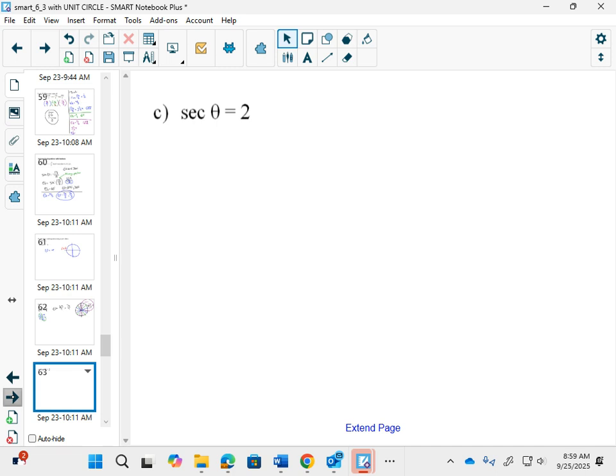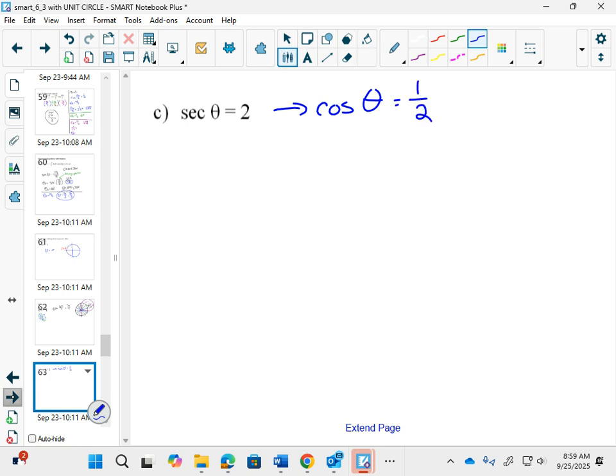Secant theta equals 2. Non-calculator question. Any of the reciprocal ones, change it to its reciprocal. The angle doesn't change, but the ratio of 2 would switch to 1/2. In quadrant 1, is your x coordinate ever a half?